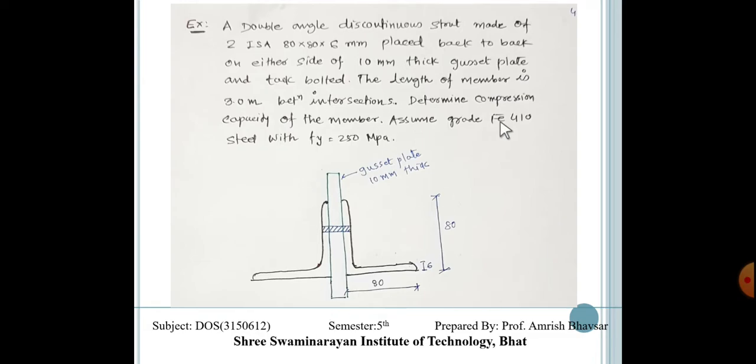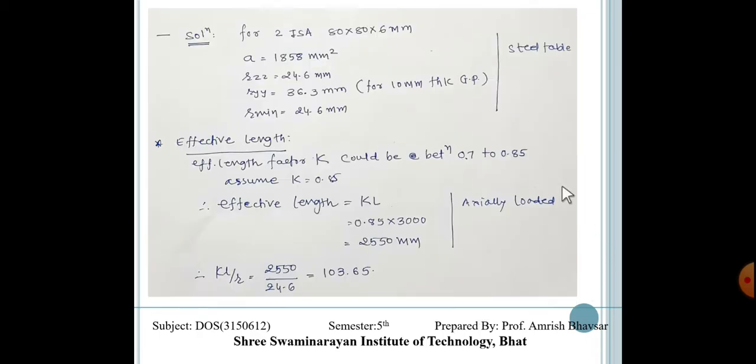Assume the grade is Fe410 steel with fy 250 megapascal. Whenever we have this kind of section, we have to consider that the section takes force concentrically. So we can find the FCD directly from page number 42 of IS 800:2007.